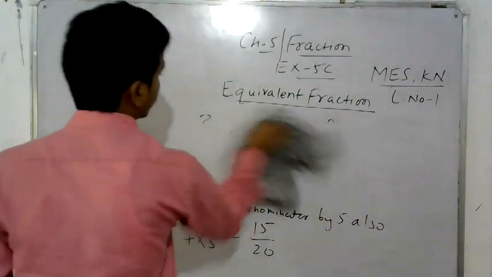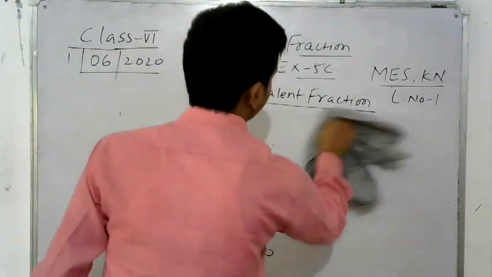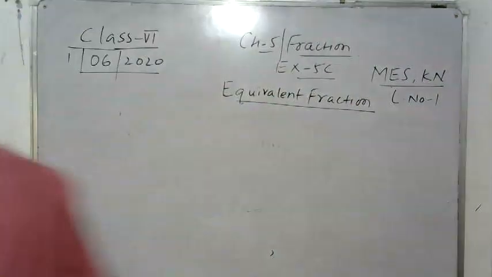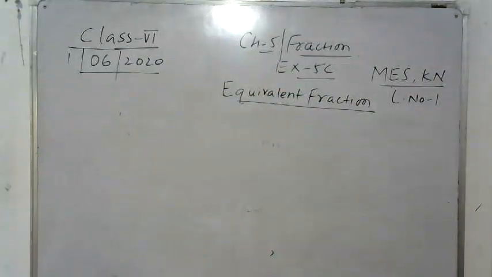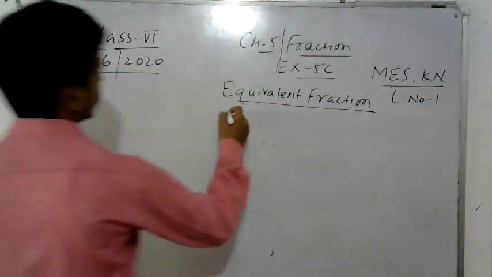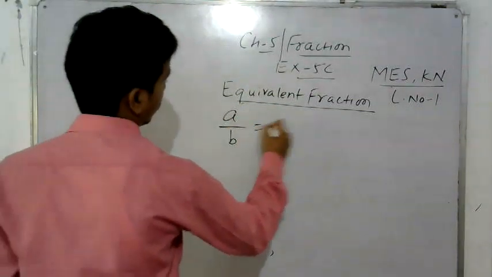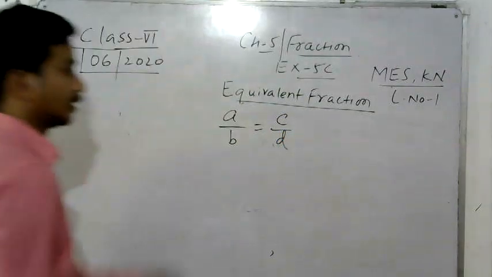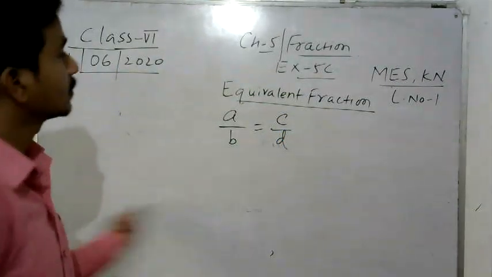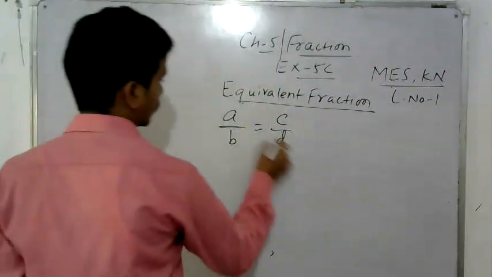Now there is another type of problem. Suppose there are two fractions, a by b and c by d. You have to find whether these two fractions are equivalent or not. How will you find? Just check, multiply.